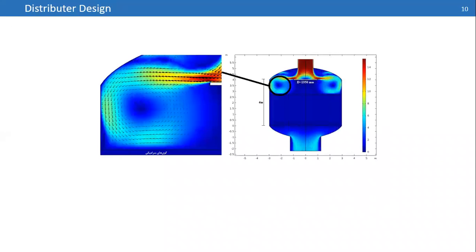Another example that I'm going to give you is the design of your reactor. Sometimes people face problems such as attrition in their catalyst, at a specific location of their bed, and this attrition causes some issues on the surface of the catalyst.